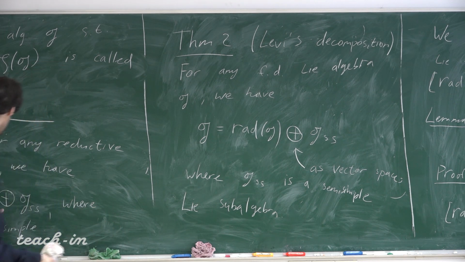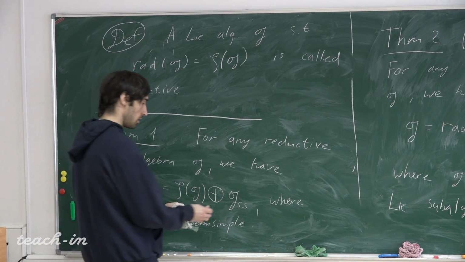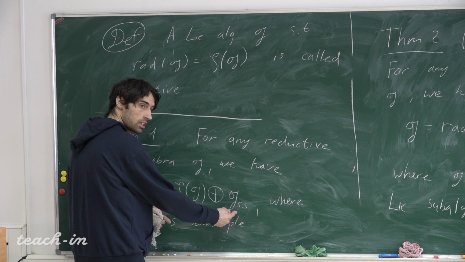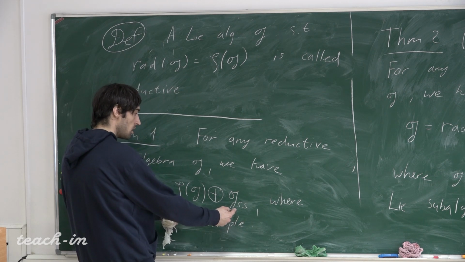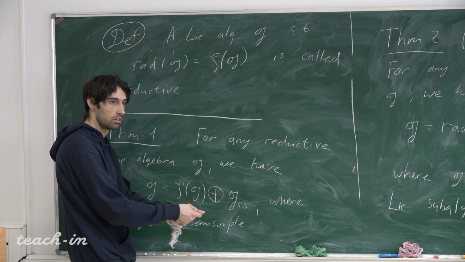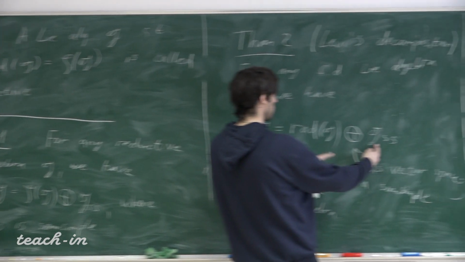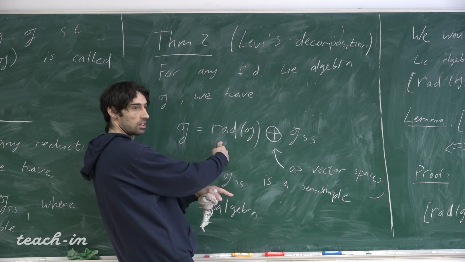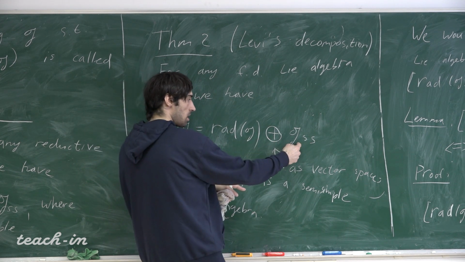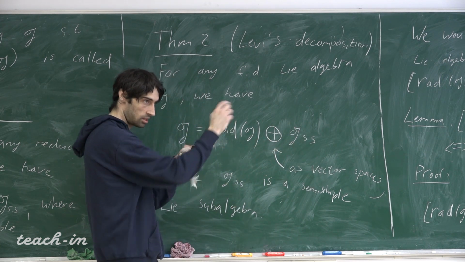So what's important here is that this is a direct sum as Lie algebras. It means that this is an ideal, not only subalgebra, but ideal. If I take something from here, compute bracket, this will be 0, right? Here is different. If I take something from here and something from here, compute bracket, it might not be 0, but it falls in this one. But this is a Lie subalgebra, means that if I take two elements in here, compute bracket, then it stays in here.